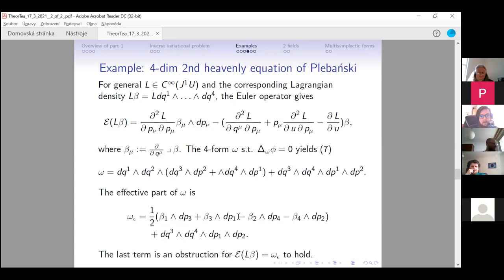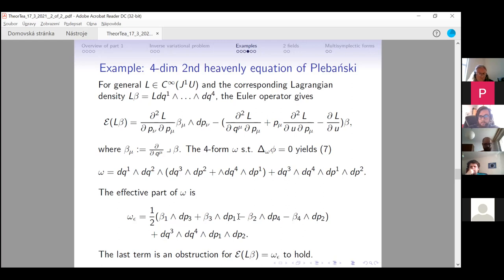I'm not sure. Because when you are trying to figure out what kind of equation the form gives you, you have to use the Monge-Ampere operator, right? Yes. And it only talks with the effective parts, and after you apply it, you get the top form, and top forms can differ only by functions, right?